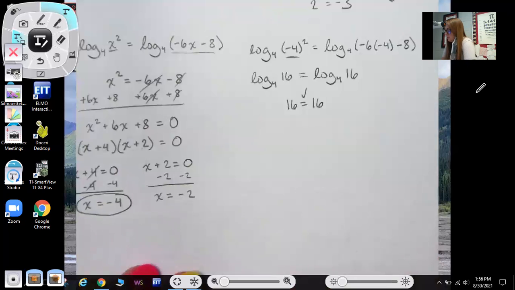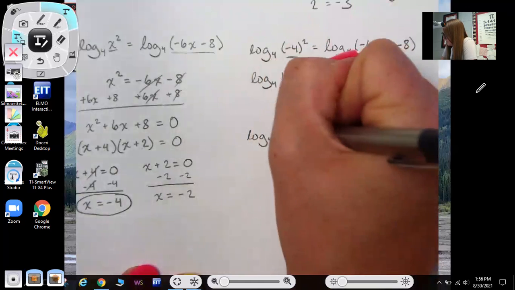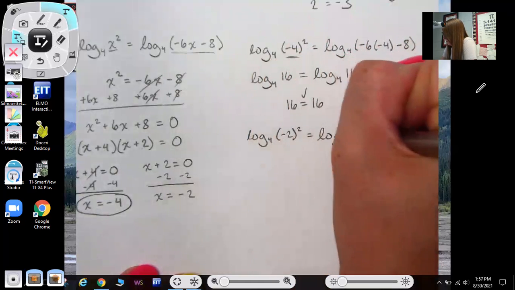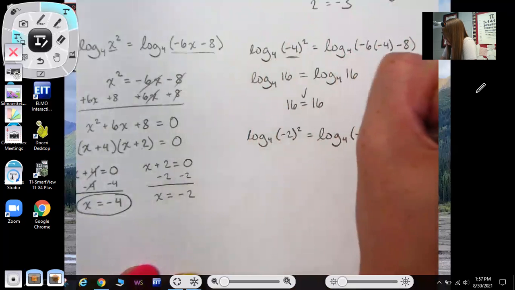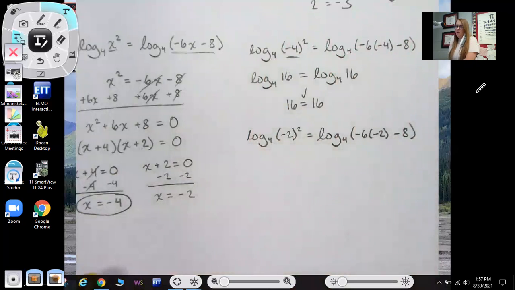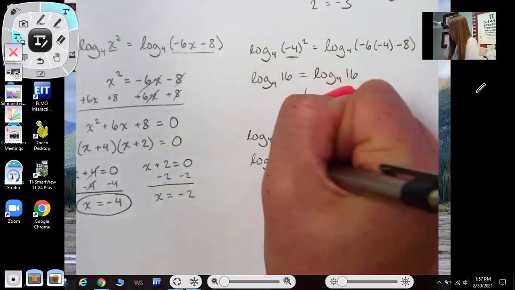Okay, same thing with negative 2. We've got to plug that in. Negative 2 squared gives us a positive 4.